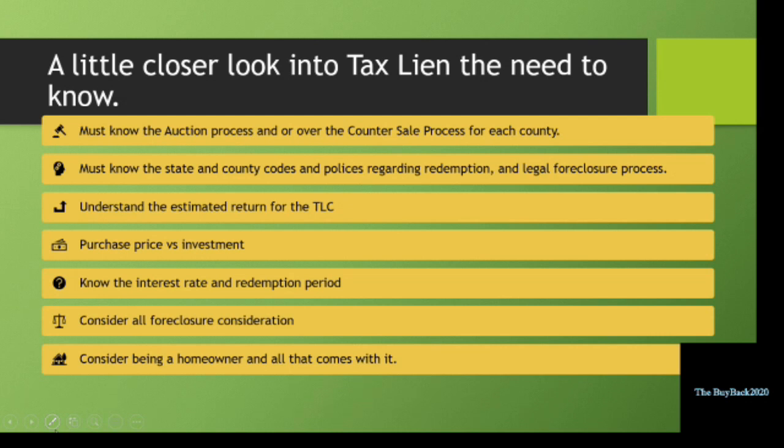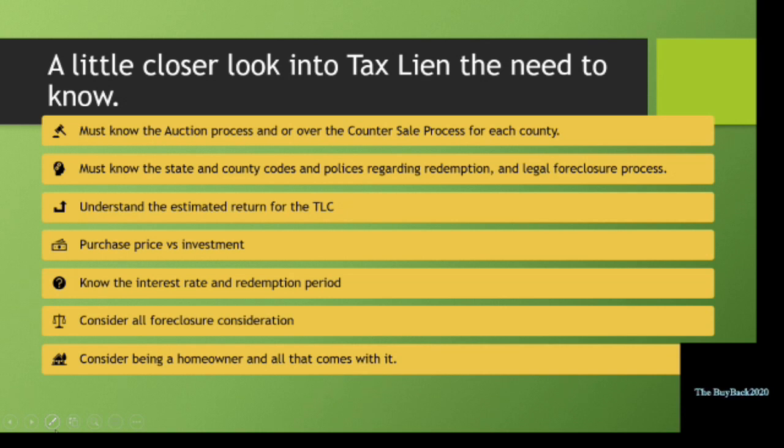Purchase prices versus investment. You always have to know what you may receive back. For example, if you invest $25,000, as mentioned before, and the purchase price of the home is $125,000, you will be able to receive up to $100,000 profit, depending on how much you sell the property for or what you choose to do with the property.